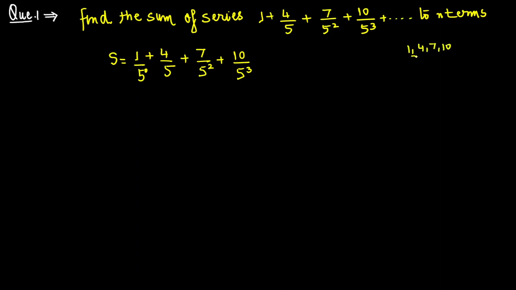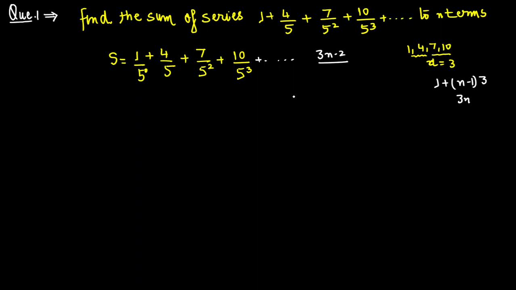Yes, the common difference is d equal to 3. So I write the nth term: a plus n minus 1 times the common difference 3, which is 3n minus 2.